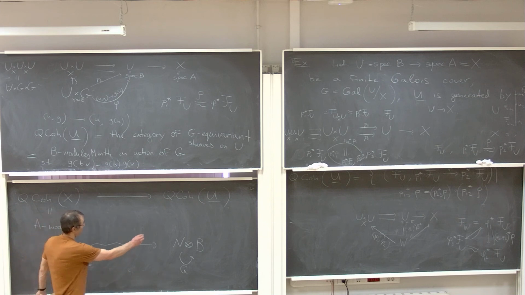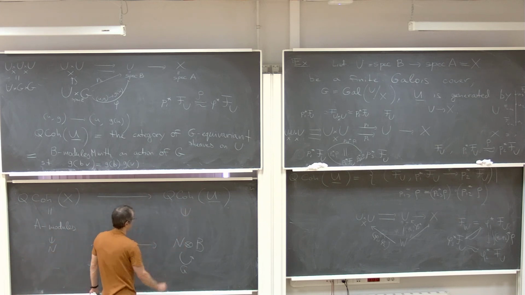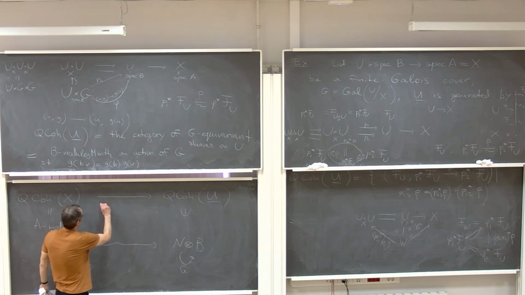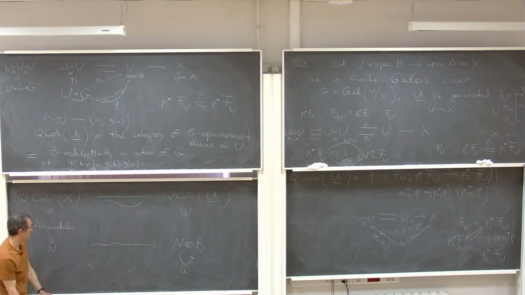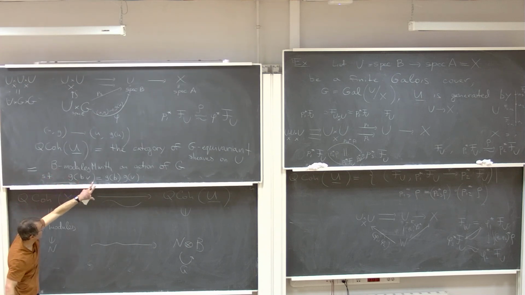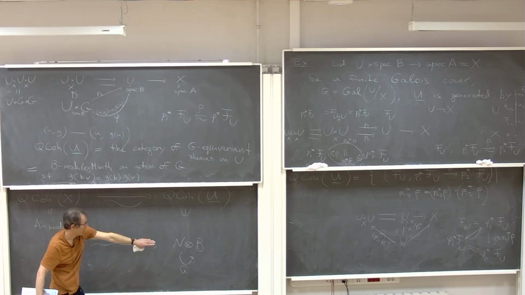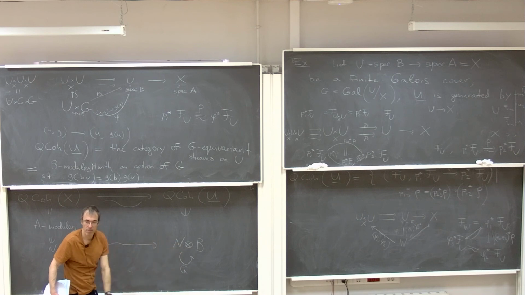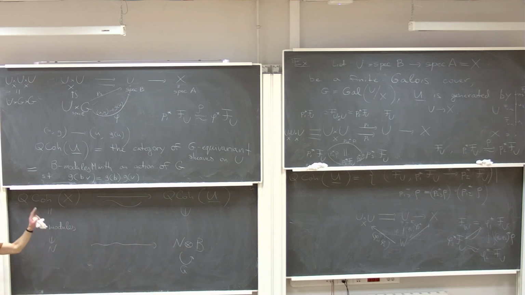So this gives me the functor. And the theorem asserts that this is an equivalence of categories. Therefore, any B-module with a semilinear action of G is of this type. So let me finish by thinking about what the inverse functor could be.